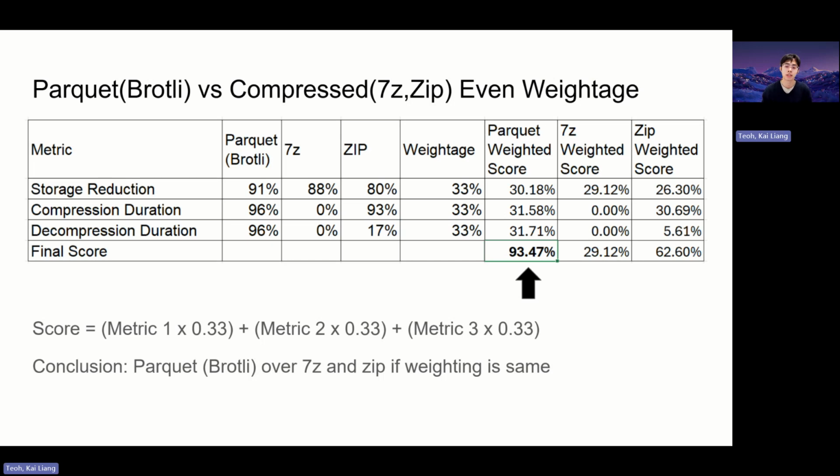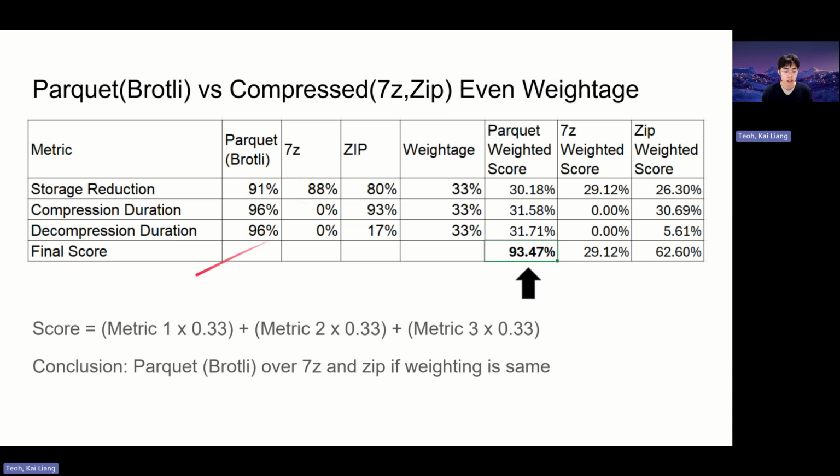So let's put it in even weightage, where I have the metrics of storage reduction, compression duration, and decompression duration. Let's say that you value these three metrics evenly. Fair enough, it's 100% divided by 3, which will get you around 33% weightage for each metric.